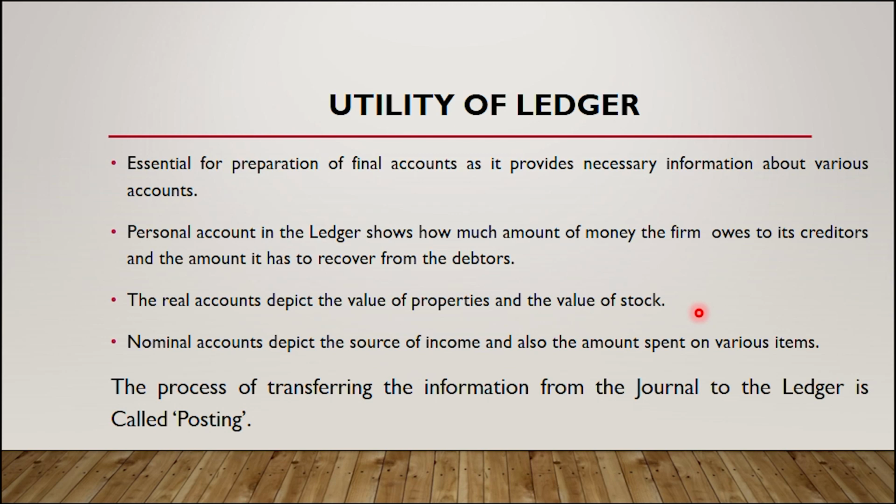So ledger gives us real-time information about the current value of stock and the current value of properties a company is possessing. Nominal account depicts the source of income and also the amount spent on various items.